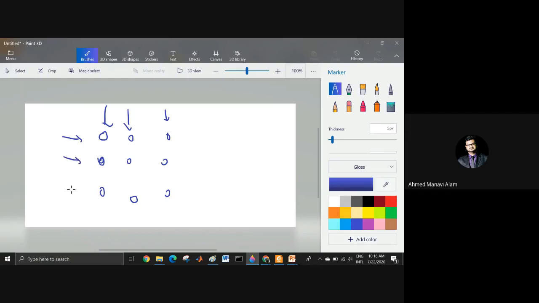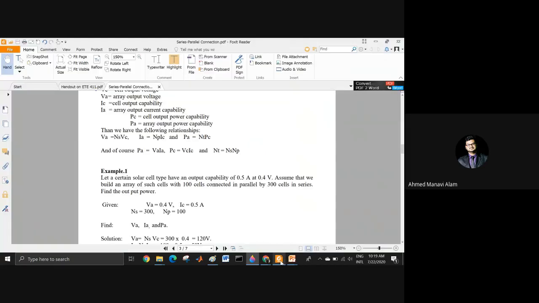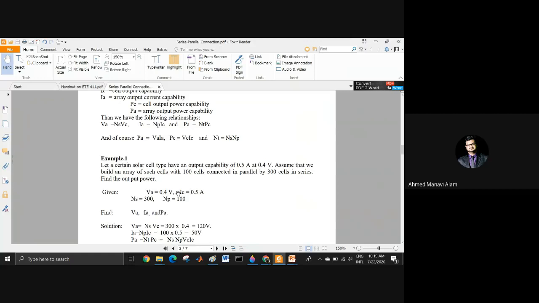So what is the number of total cells? This is some kind of matrix, so the number of total cells is 3 into 3, that is 9. You have to multiply the cells connected in series by the cells connected in parallel. Whenever you are doing this kind of math, just go by your intuition.